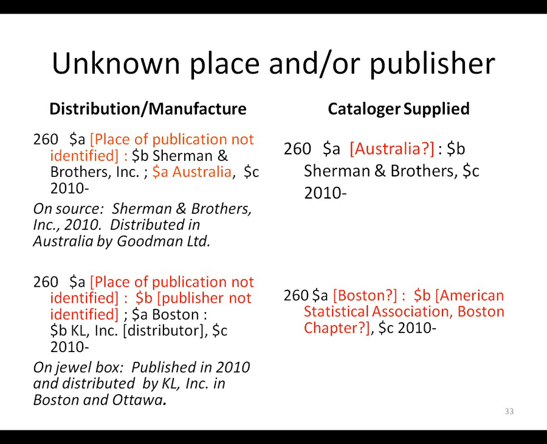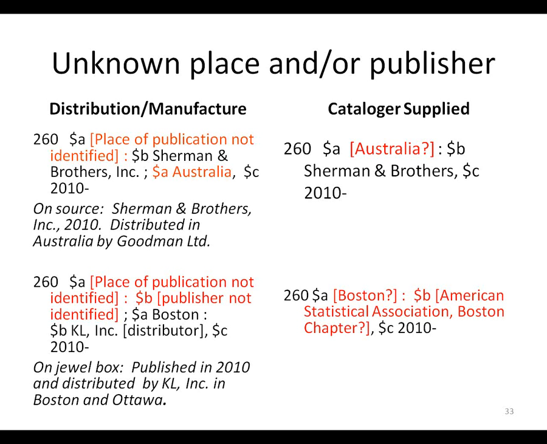So it could very well be that in the second example, there's no explicit statement on an internal or external source. But when the cataloger looks at the files on the CD-ROM, they see that everything has to do with the American Statistical Association Boston chapter, and that it looks like that's where this really came from, even though there's no explicit statement of that.